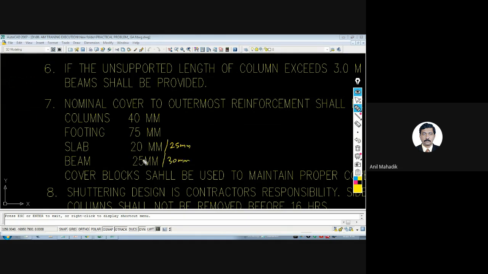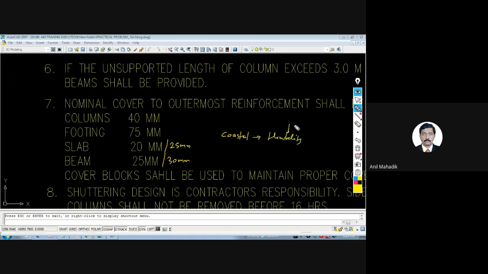We need to increase the cover a little. Why do we increase the cover in a coastal region? Because reinforcement gets corroded, so the durability decreases if the cover is less. In a coastal region there is humidity in the air.